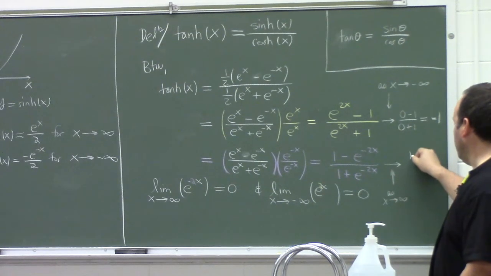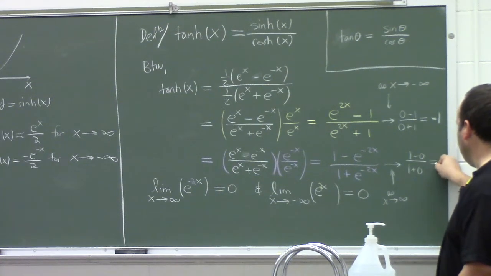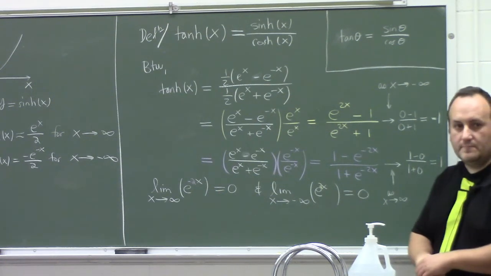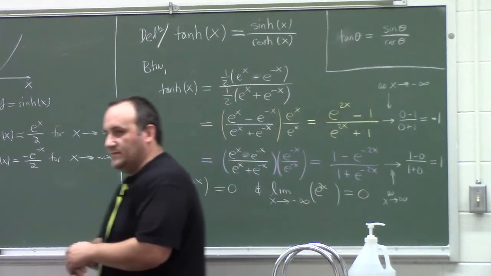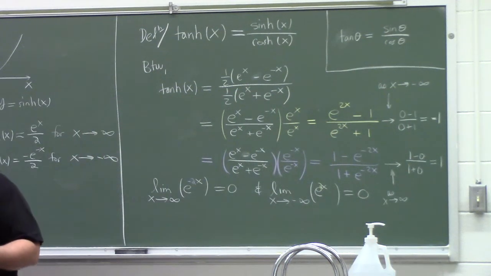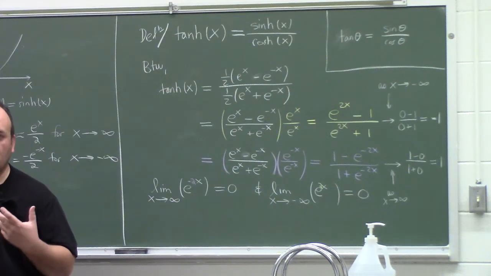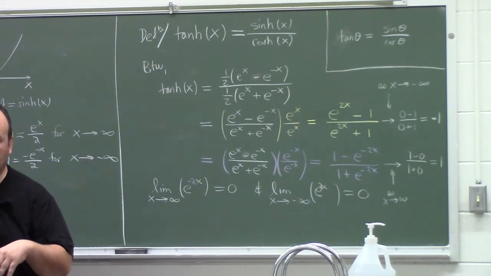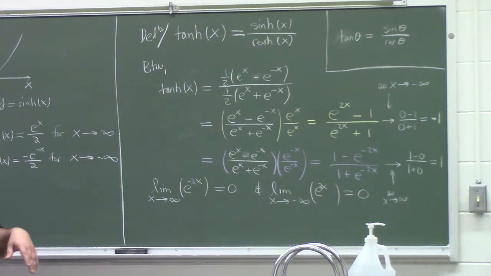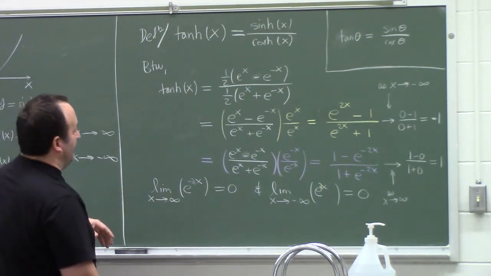We get 1 minus 0 over 1 plus 0. We get 1. So that shows you that the hyperbolic tangent has horizontal asymptotes of minus 1 and 1 as we go to plus or minus infinity. So with this in hand, I can graph the hyperbolic tangent.